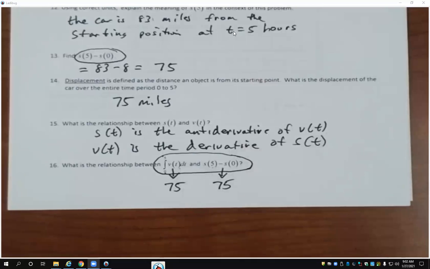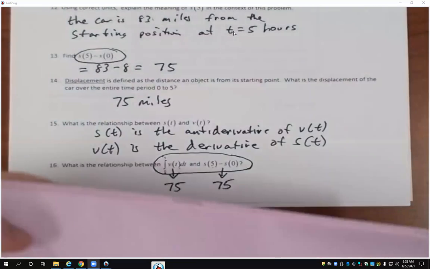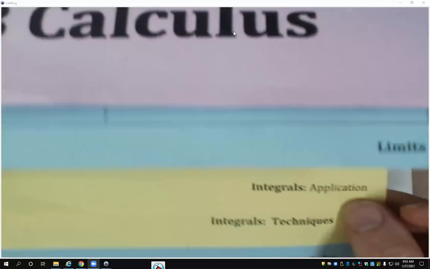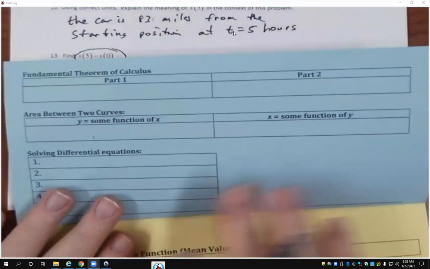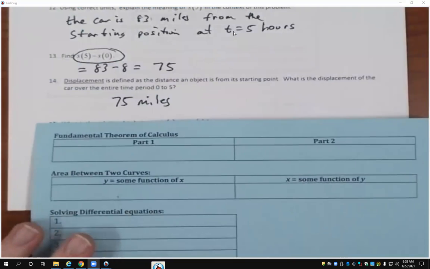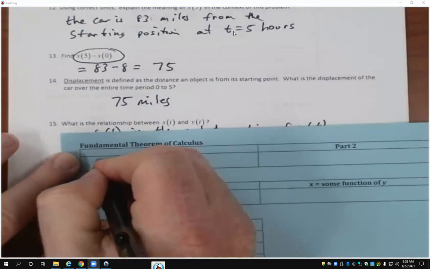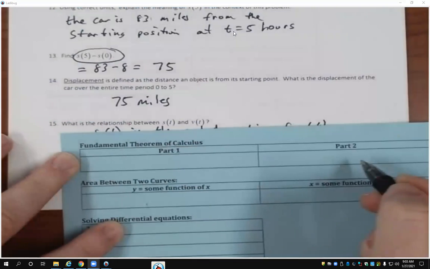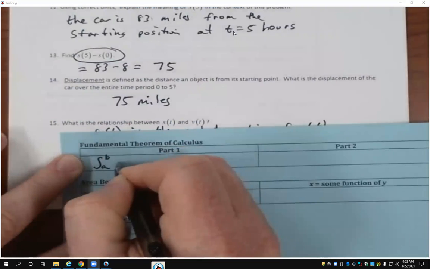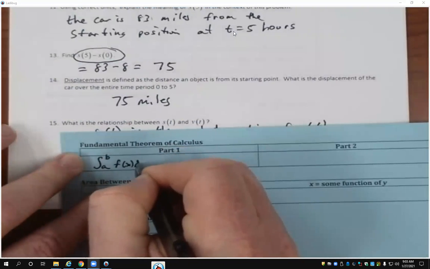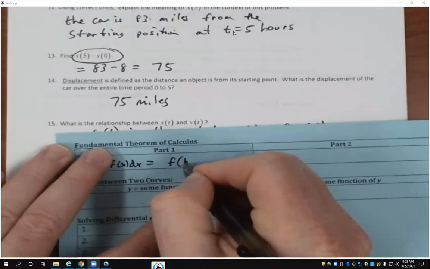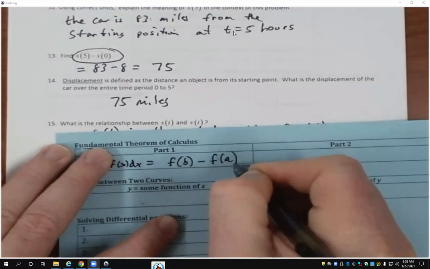If you have your foldables available, we're in this section called integrals application. However you printed it, it doesn't matter how you folded it, but in there somewhere is the fundamental theorem of calculus, and we're going to place that in here now. The fundamental theorem of calculus part 1, because there is a part 2, is the integral from a to b of f prime of x dx is equal to f of b minus f of a.